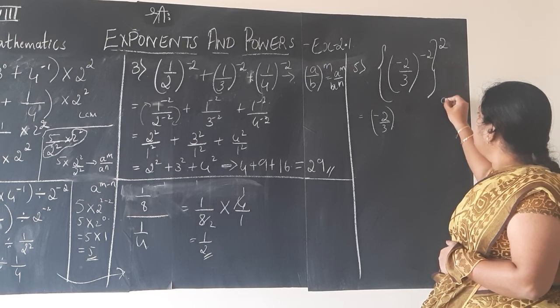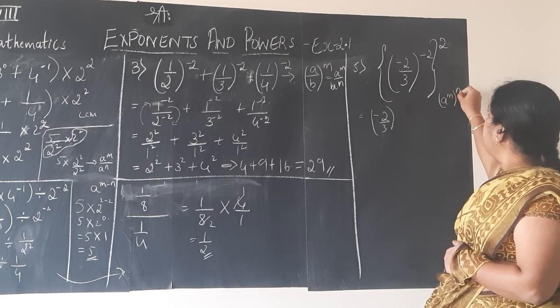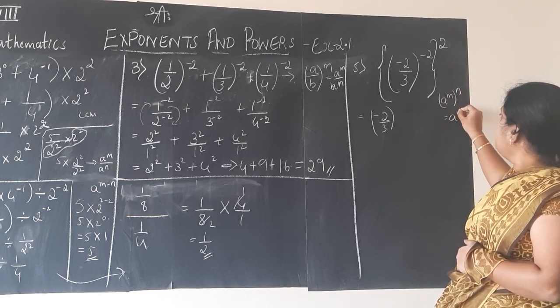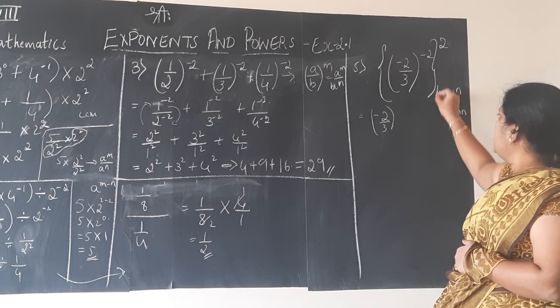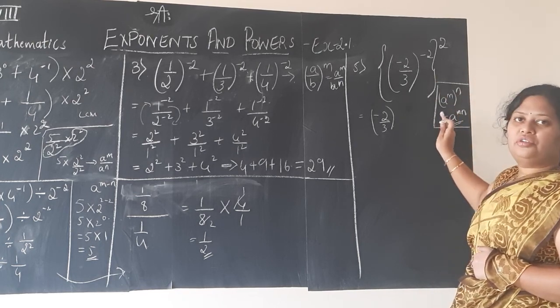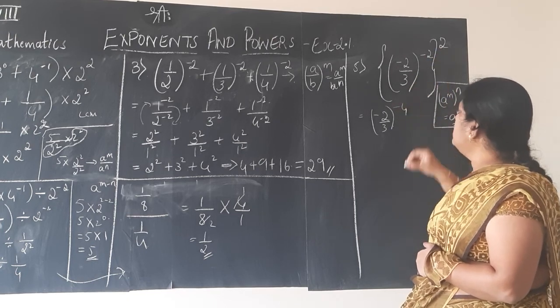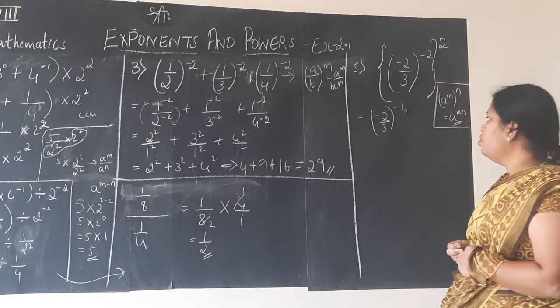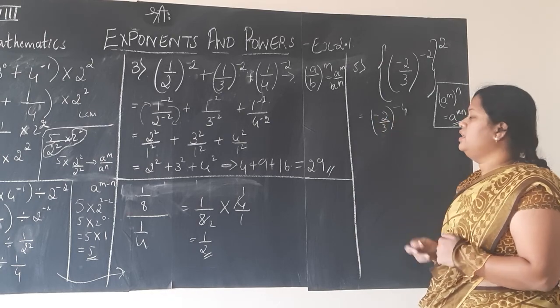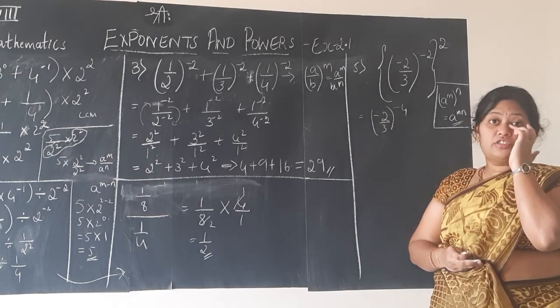Now, this is of the form a power m whole power n. It is equal to a to the power mn, which law of exponents you should write here inside. Now, minus 2 into 2 is clearly minus 4. So, we got minus 2 by 3 whole to the power minus 4.